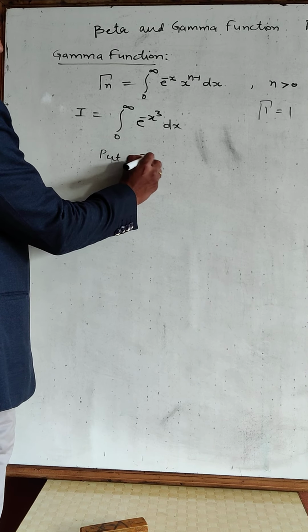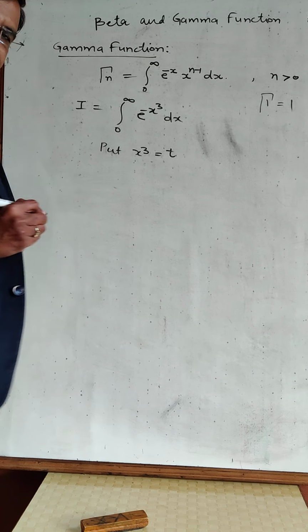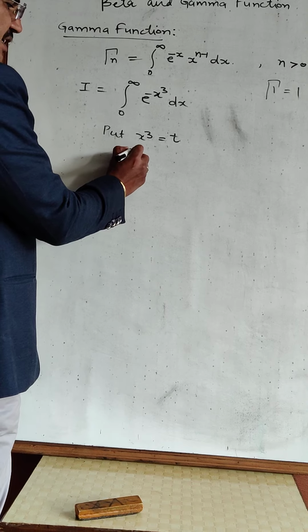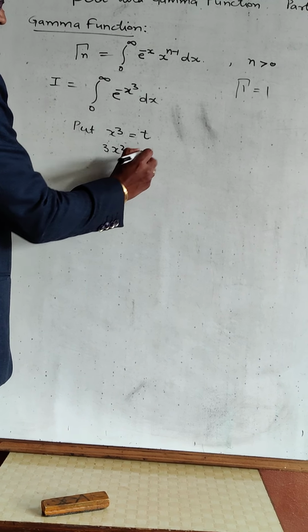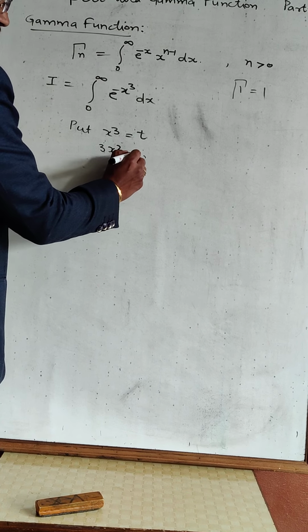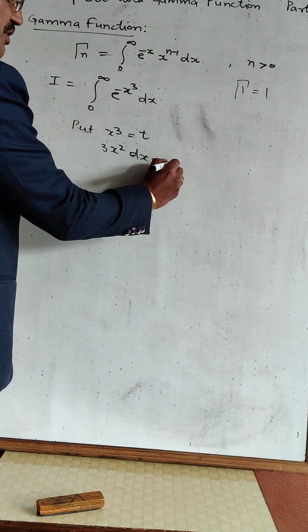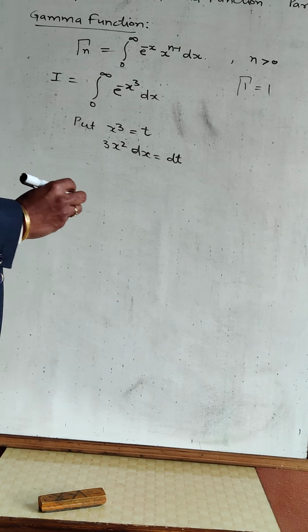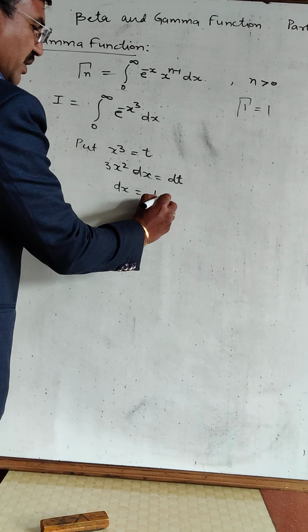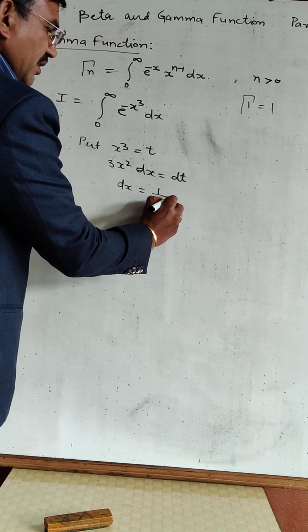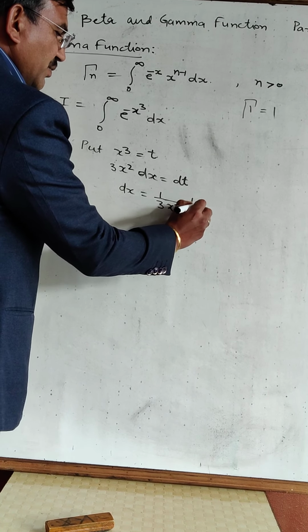Put x cube is equal to t, then its derivative, 3x squared dx, would be equal to dt, and dx would be equal to 1 by 3x squared dt.